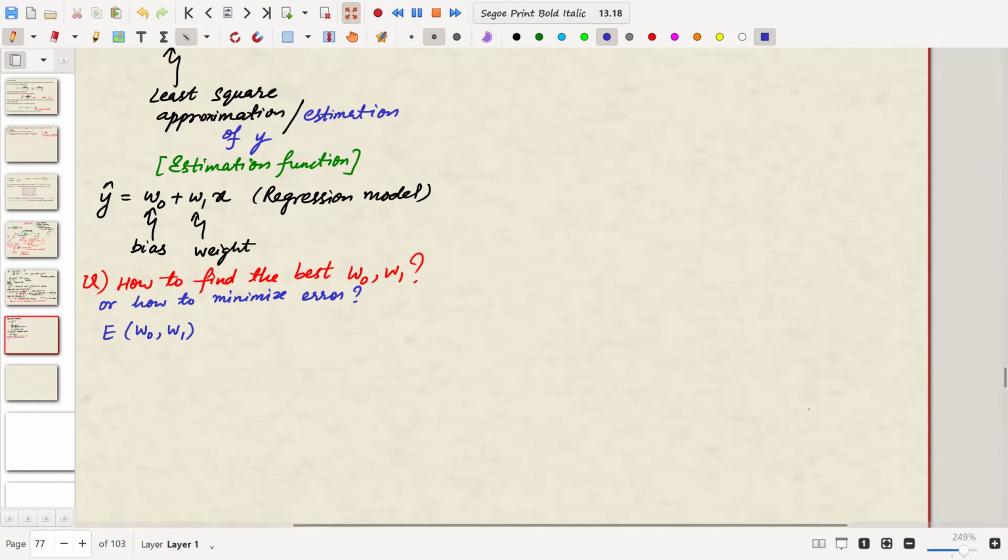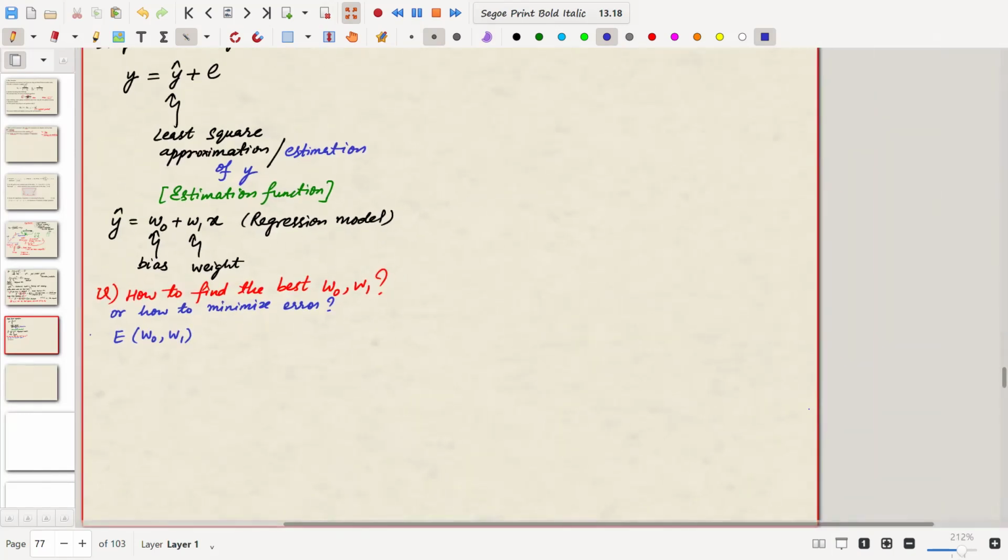So we have to minimize that E(w0, w1). You can write it as the average, 1 by n summation of i equals 1 to n of Li, where each Li is the loss function. What is Li? Li is nothing but Ei squared.